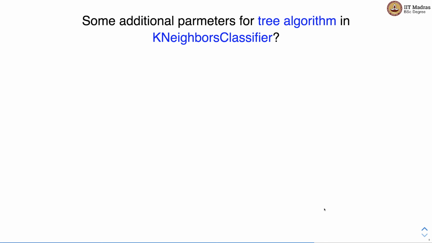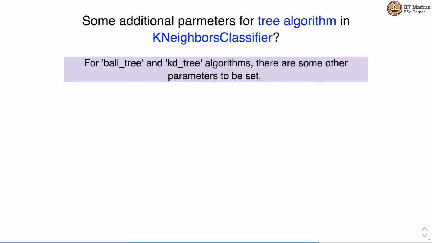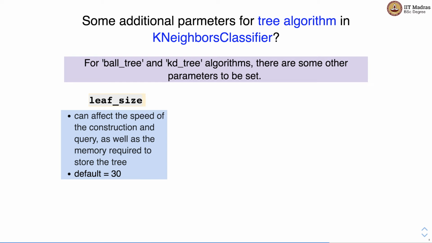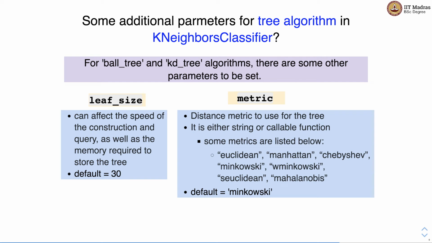There are some additional parameters for the tree algorithms. For ball tree and KD tree algorithms, there are parameters like leaf_size that can affect the speed of the construction and querying of the tree, as well as the memory required to store the tree. The default leaf size is 30. We also need to specify the distance metric for the tree.